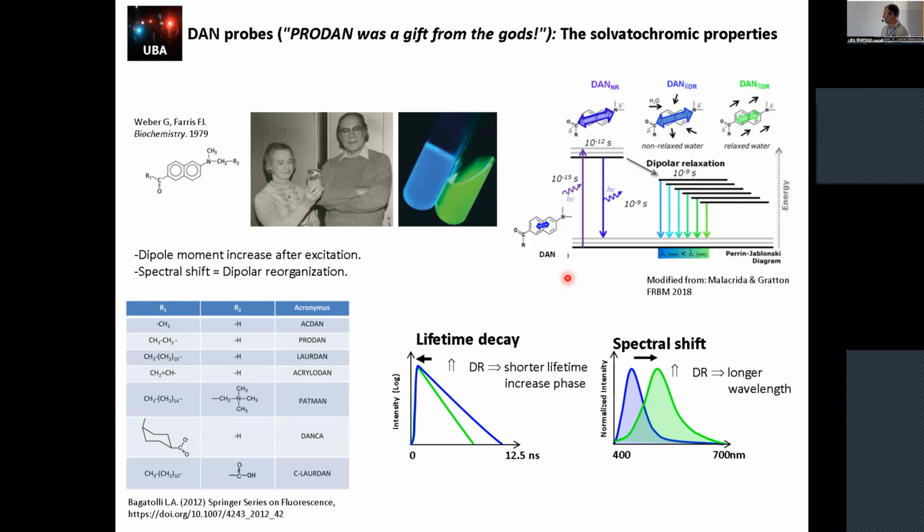So both parameters, lifetime and spectra, are modified by these two processes, polarity and dipolar relaxation. Using lifetime, we can split both, and I will explain this this afternoon. With the spectra, we have the two together because when we shift the spectra, it is in regard to dipolar relaxation, but always polarity. With the lifetime, if we select a particular region of the fluorescence, we can capture only the polarity or the dipolar relaxation.